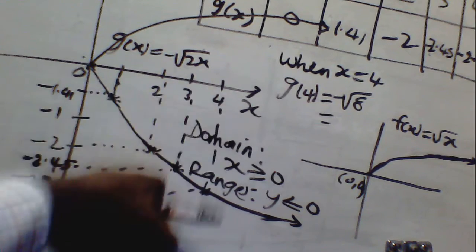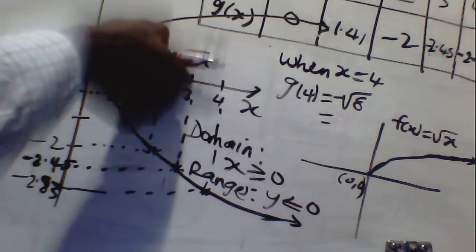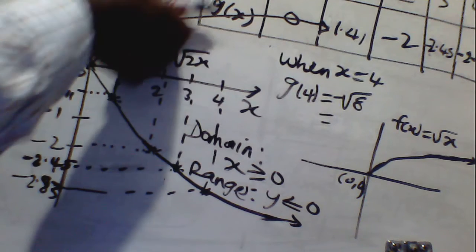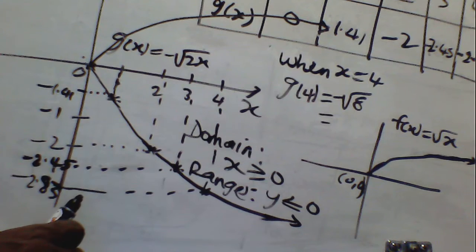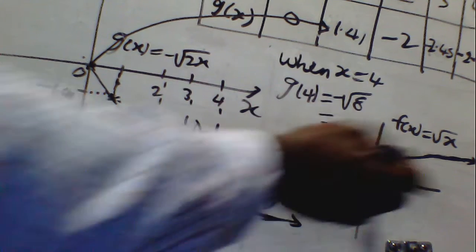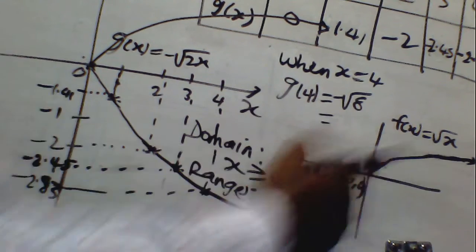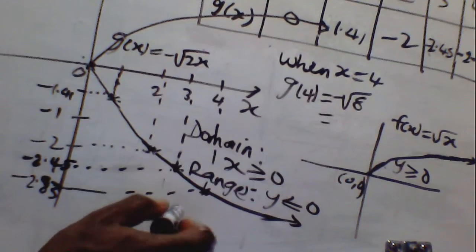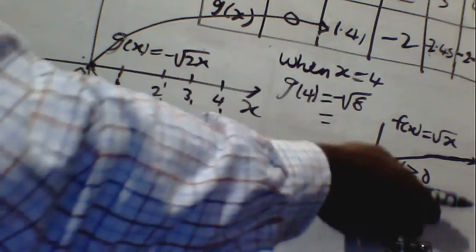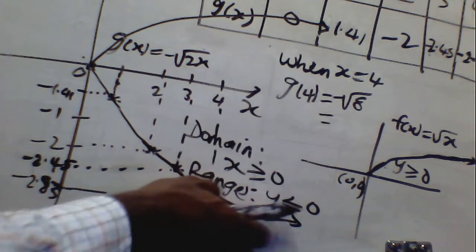Here is for y. If it's here, it will be what? Positive. But it's here. Therefore, y is less than or equal to 0. Here the range is y greater than or equal to 0. But for here, the range is y less than or equal to 0.